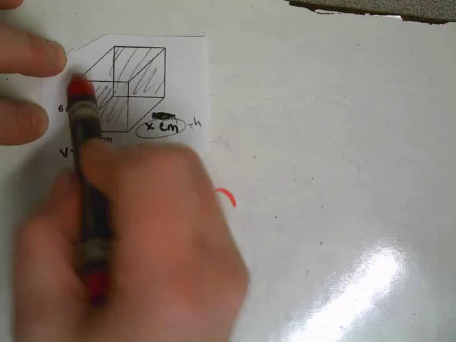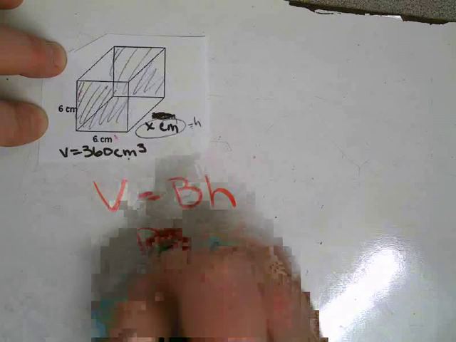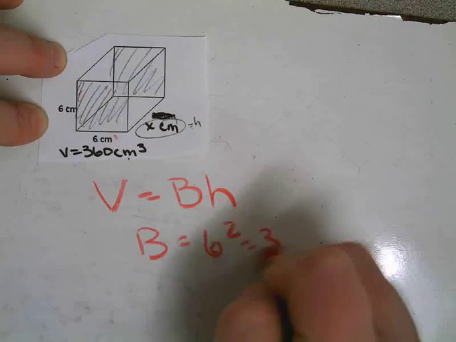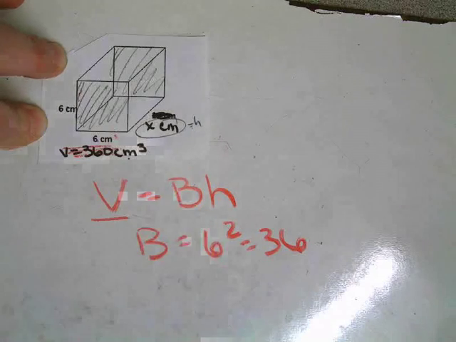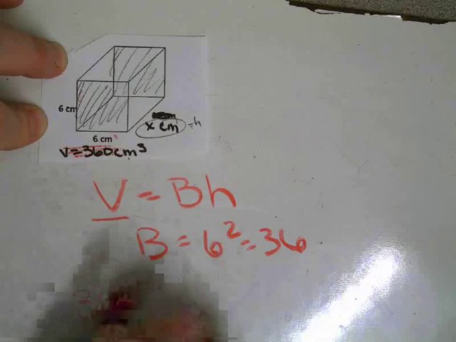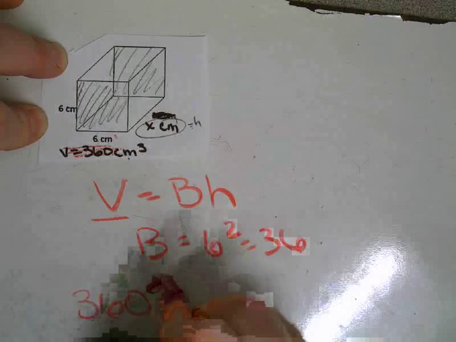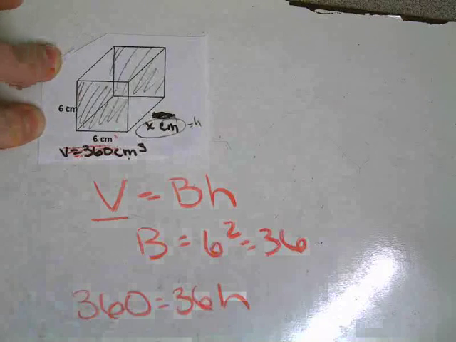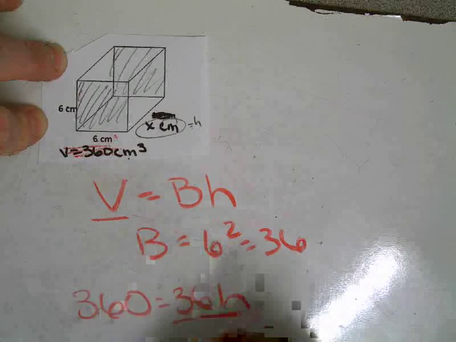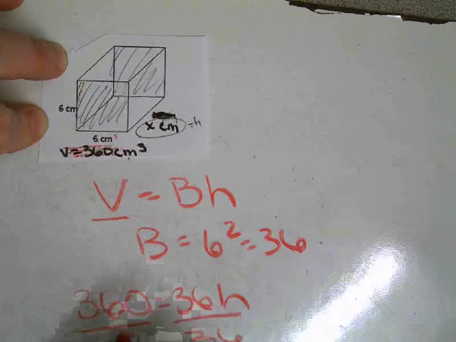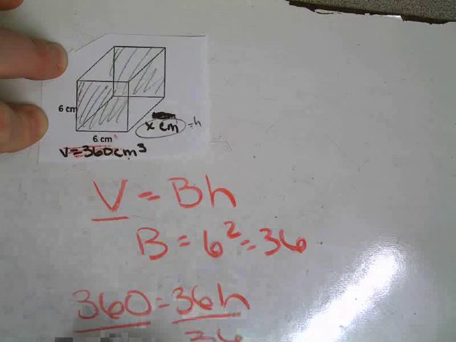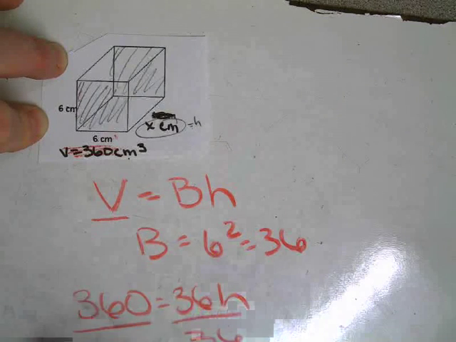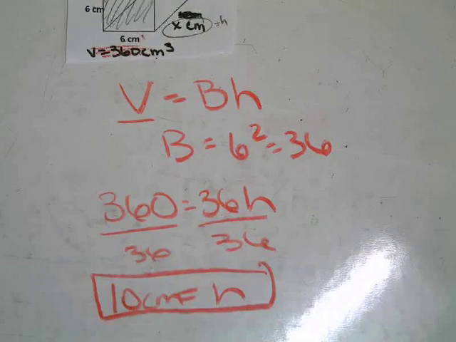Since it's got square bases, my base is 6 squared, or 36. Now I'm going to substitute the 360 in for the volume. So 360 equals 36 times the height. Divide both sides by 36. And my height is 10 centimeters.